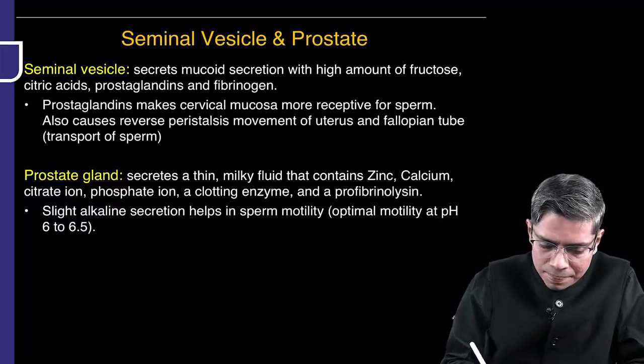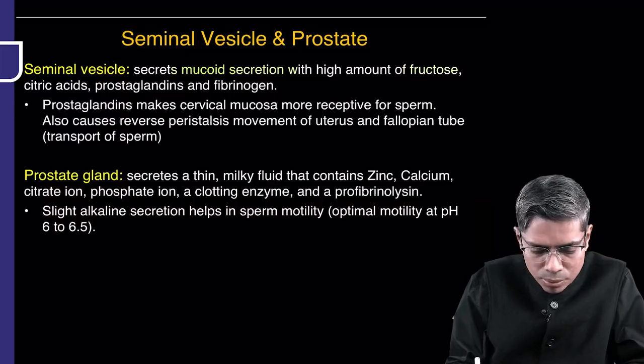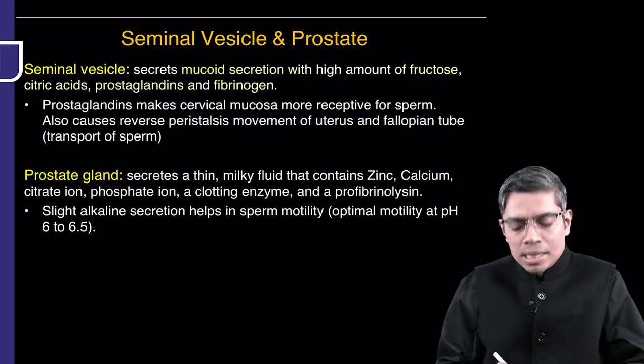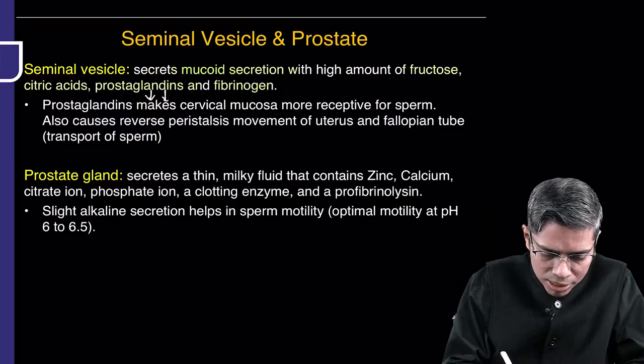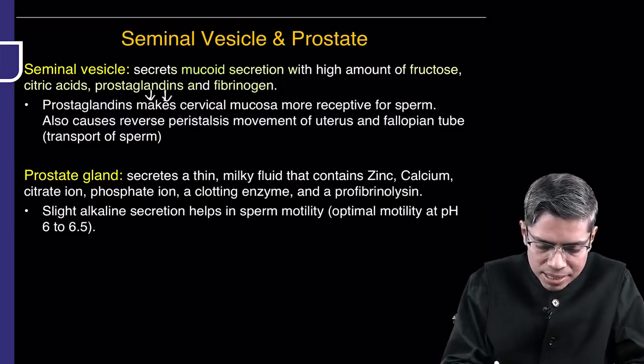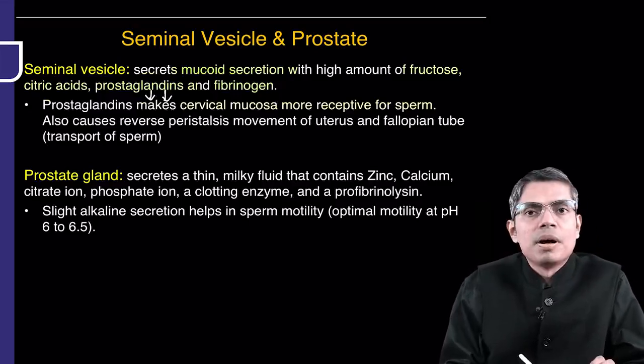So the seminal vesicle secretes a mucoid secretion with a high amount of fructose, citric acid, prostaglandin and fibrinogen. Now among different components, this prostaglandin is one of the important components which makes the cervical mucosa, as it is written here, more receptive to the sperm, right?